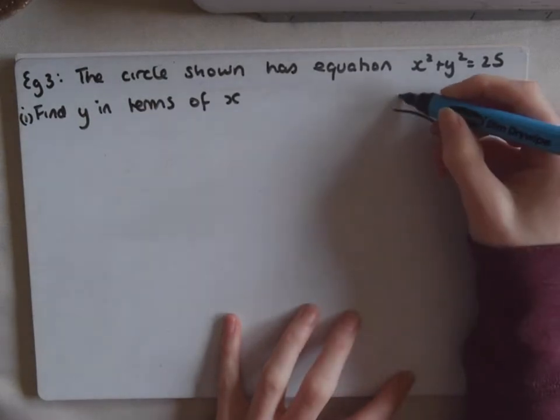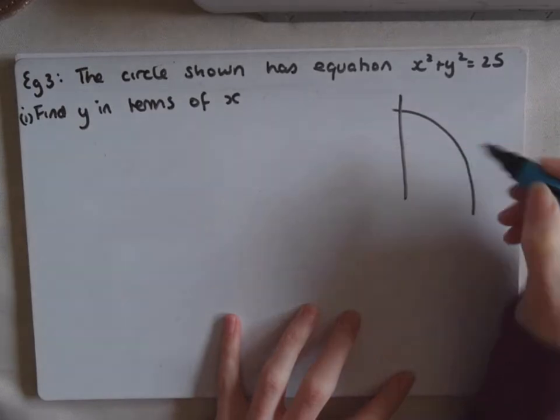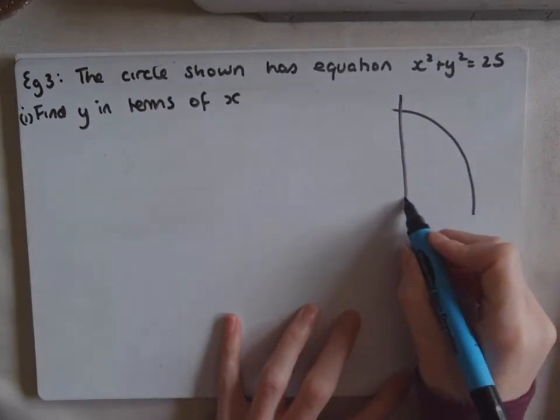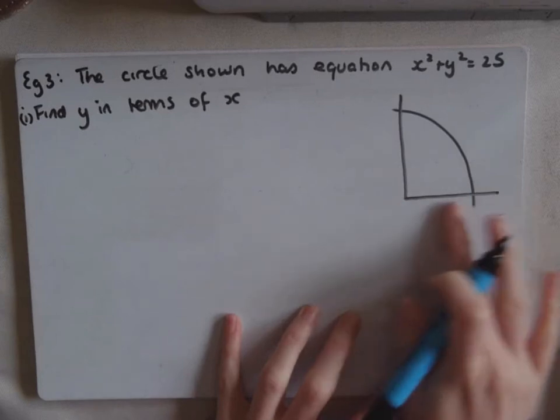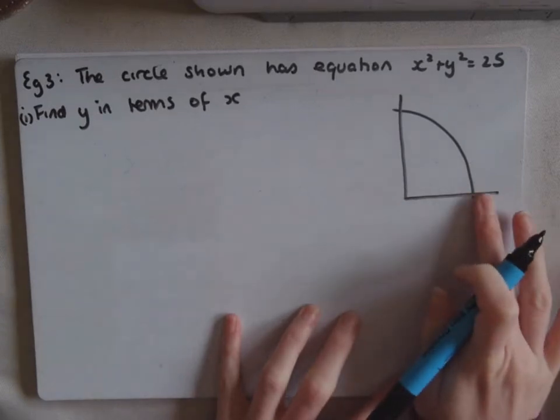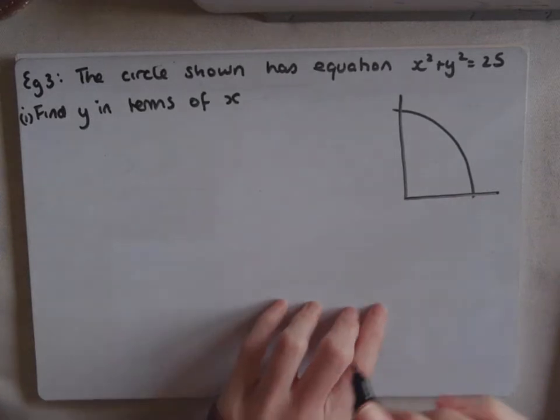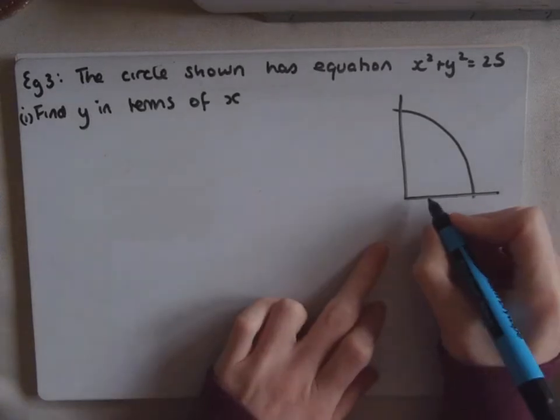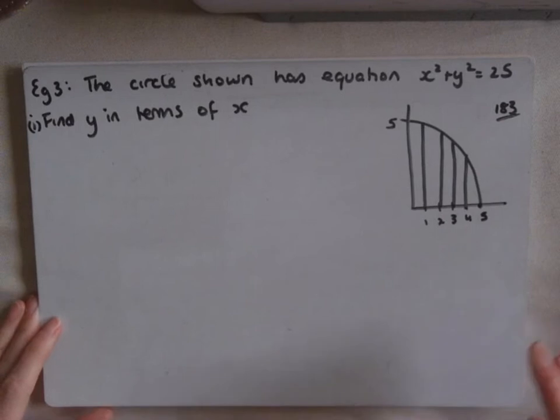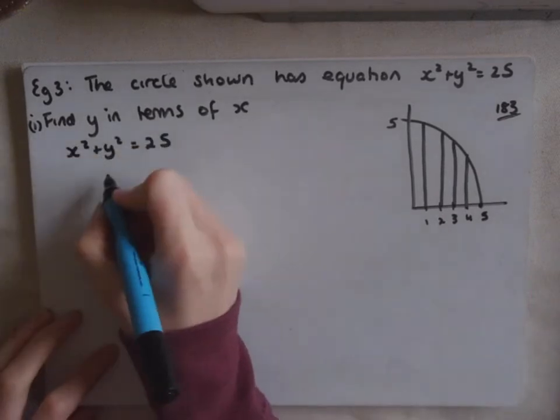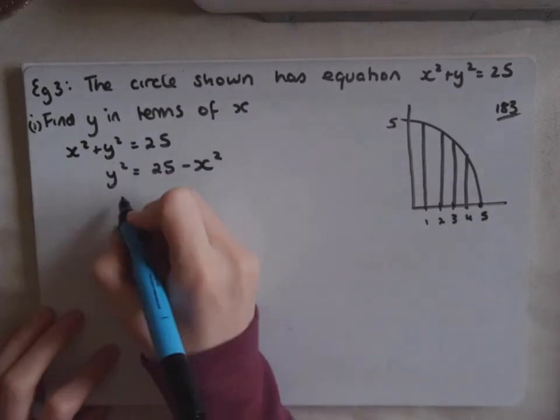Okay, the circle shown has equation x squared plus y squared equals 25. So we have a circle, okay, and we have a 5 here and a 5 here.